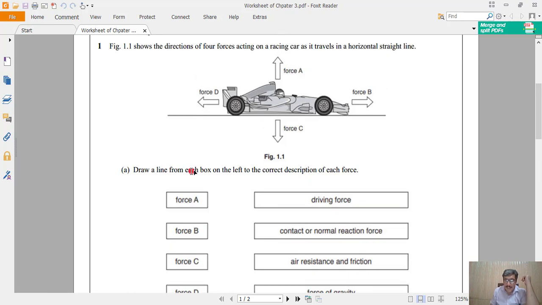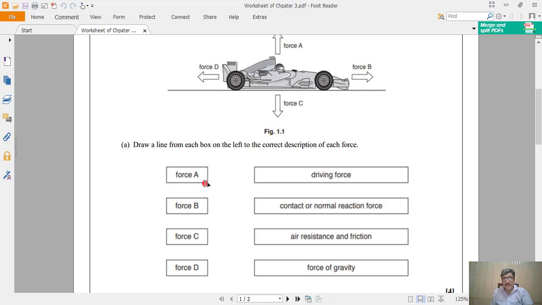So force A is here, which is in the upward direction, and when we were discussing the types of forces, at that time we discussed that there is a normal reaction force also. When two bodies or objects are in contact with each other, we have two forces, one in the downward direction and the other one in the upward direction.